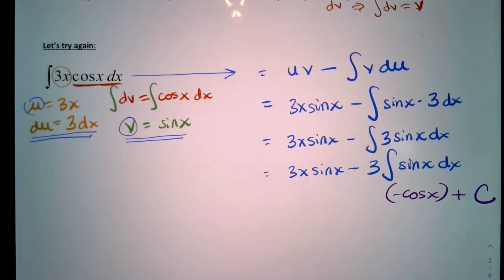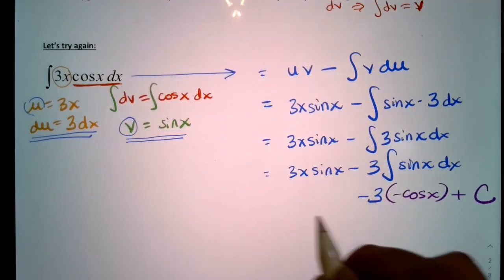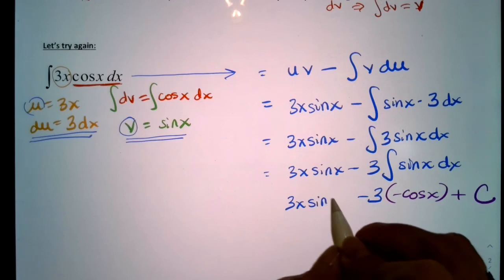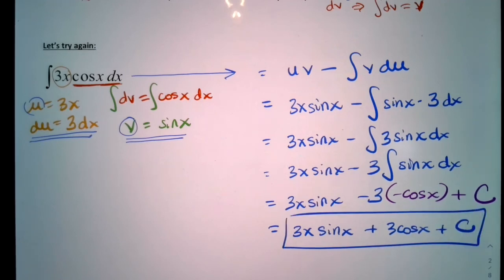And then what else do I have going on? Well, everything else that I had said. I've got the 3 multiplying that. I've got the 3x sine x in front. And so all I have to do is clean this up. Here is my antiderivative for problem number 5. It is more advanced. It is fancier.